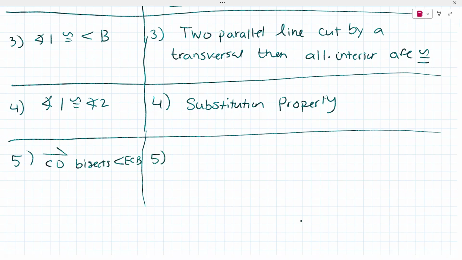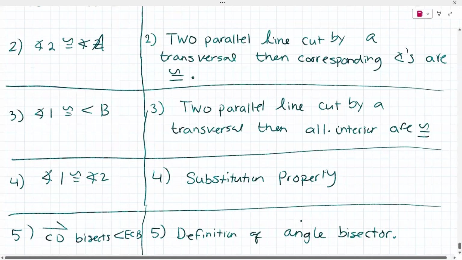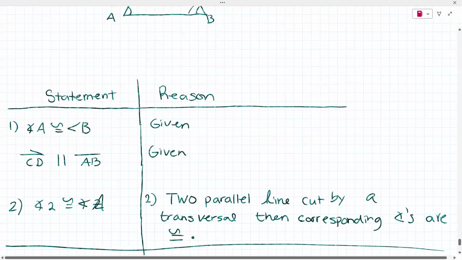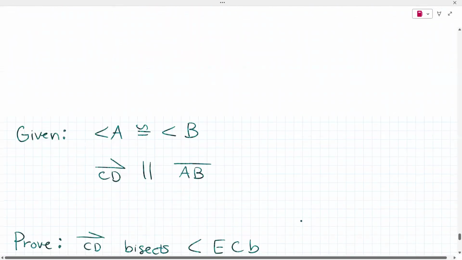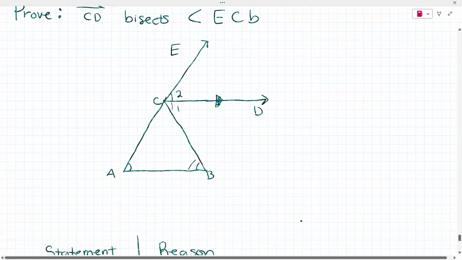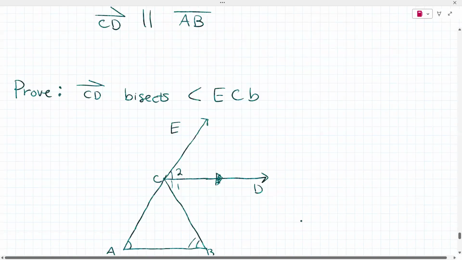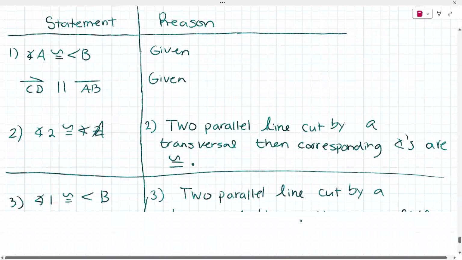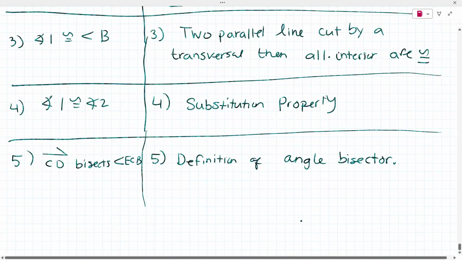And the reason is definition of angle bisector. Okay, so that is the proof. We just proved that ray CD bisects ECB, and the last statement is the definition of an angle bisector.